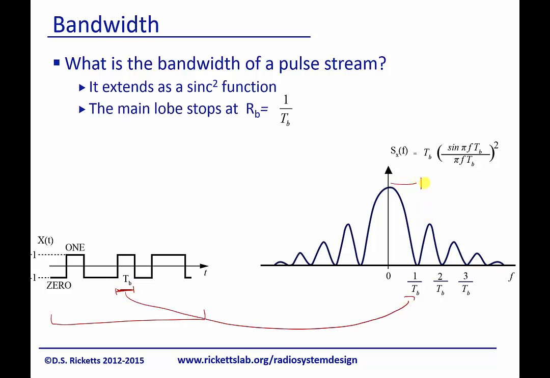But you notice this really isn't our bandwidth, because we've got all of this other stuff here. This is because the sharp transitions that occur in an ideal bit stream actually turn into an infinite bandwidth, which is a real problem because the spectrum as it is now is very crowded.